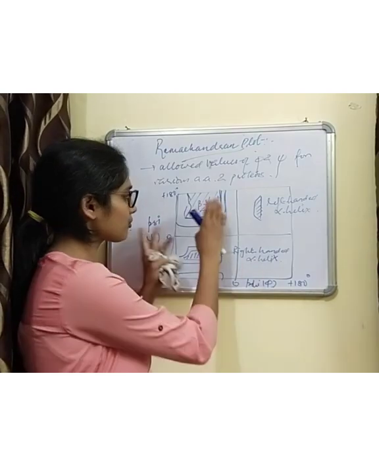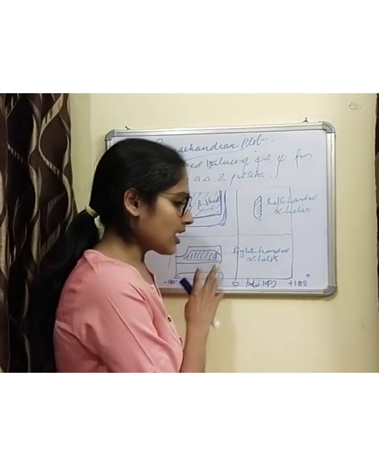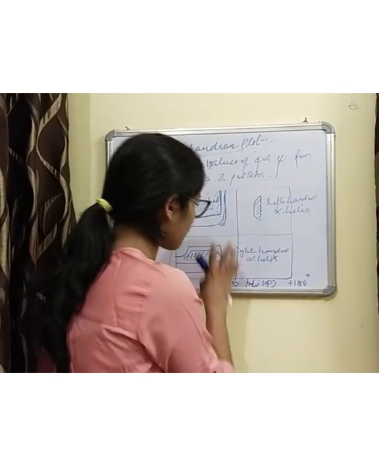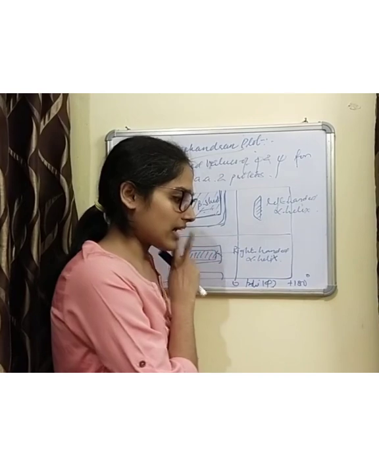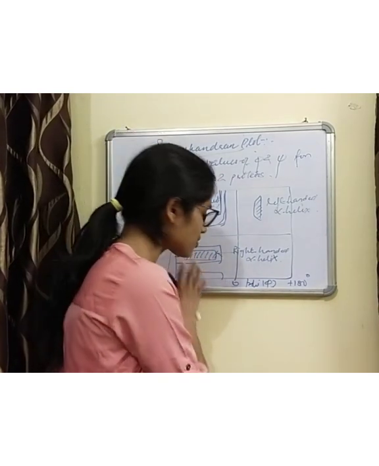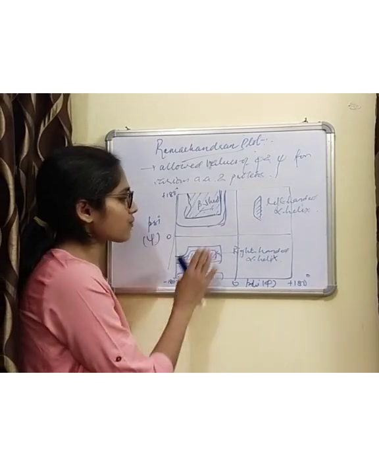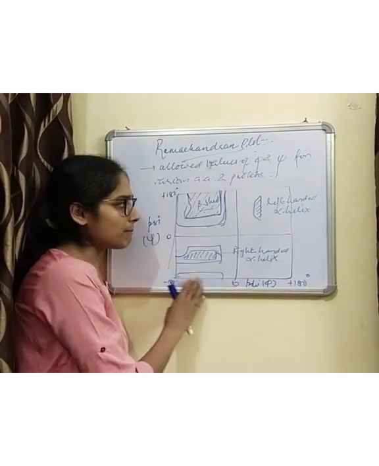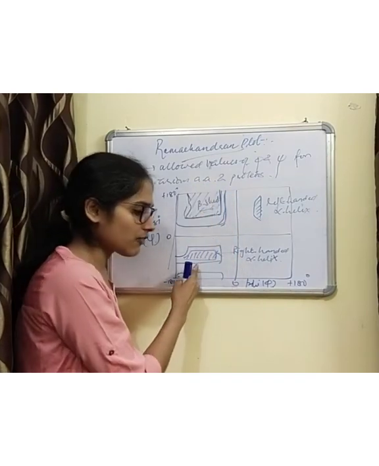So these are the two exceptions for the rest of the regions. However, now coming to the shaded regions, these correspond to conformations where there are no steric clashes, and these are the allowed regions for alpha helix and beta sheet. This is for beta sheet and this is for alpha helix.